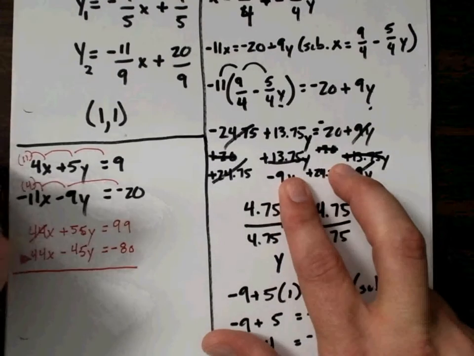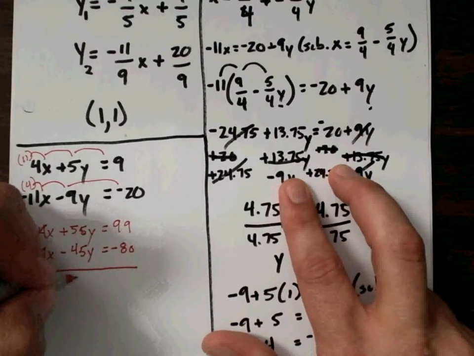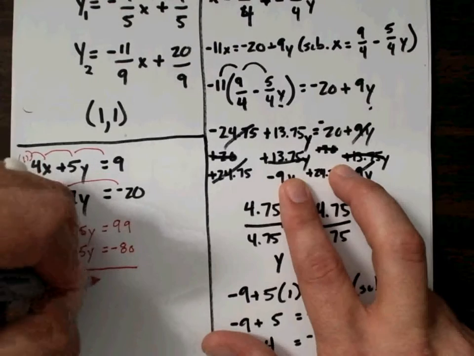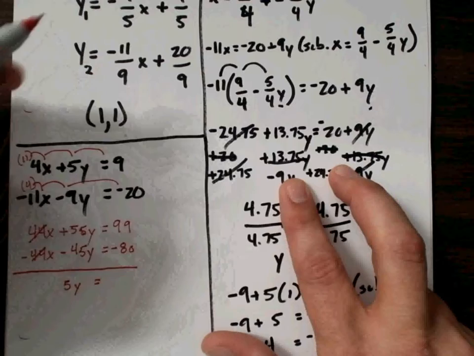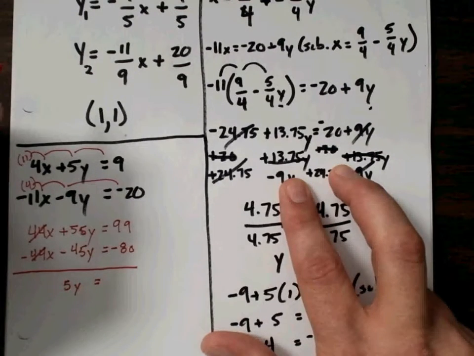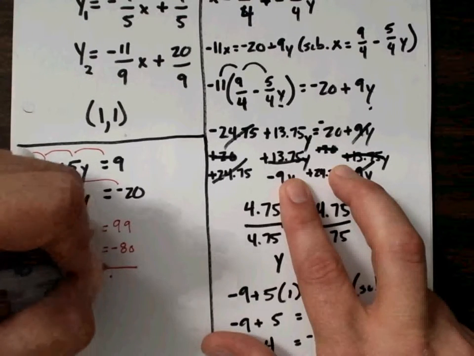Do we agree? And now when I add them together, those are going to make 0. These are going to make positive 5y. And this is going to make 99, negative 80. I wrote them right? Yeah, what do we got here?